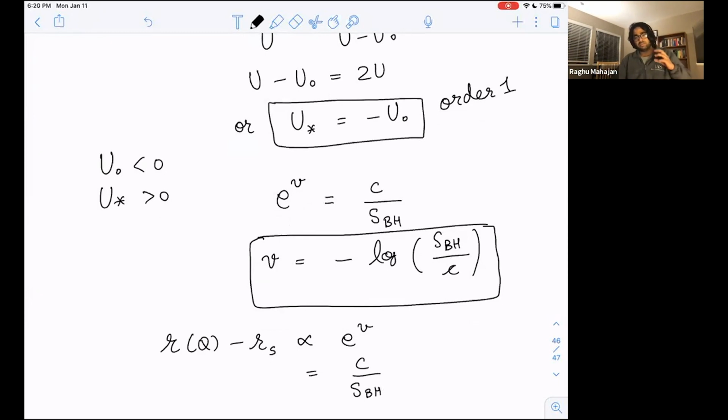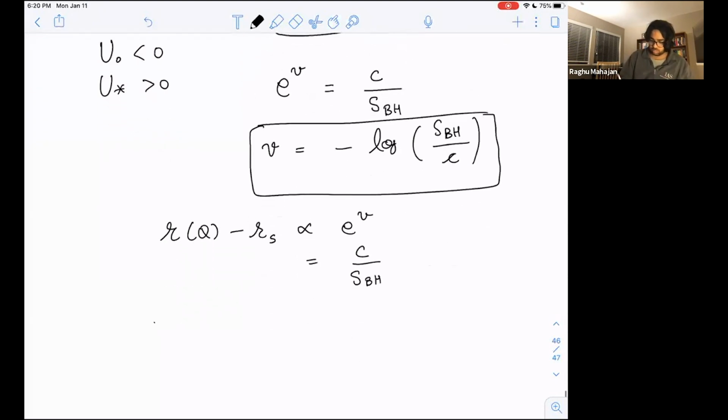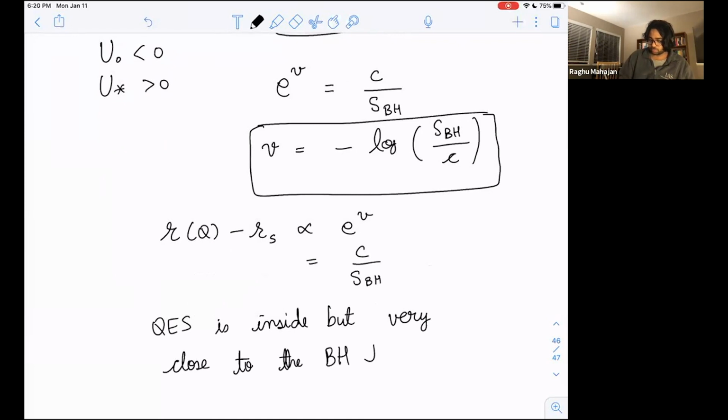So it's a very, very small distance inside the apparent horizon. This says that the QES is inside, but very close to, the apparent horizon, the black hole horizon.